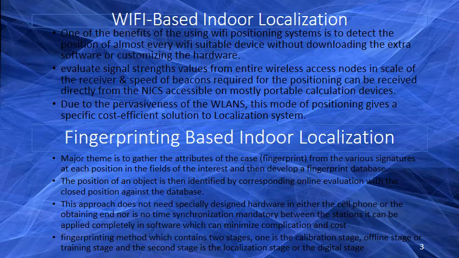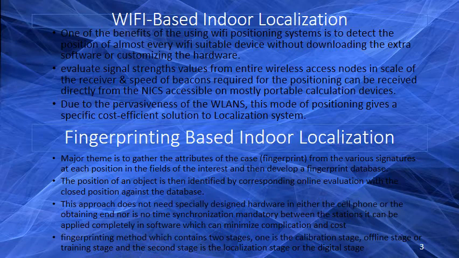The signal strength values from the wireless access nodes at the receiver and the speed of the beacons required for positioning can be received directly from NICs, accessible on most portable computing devices. NIC is nothing but network interface card. And due to the pervasiveness of WLANs, this mode of positioning gives a cost-effective solution to localization systems.